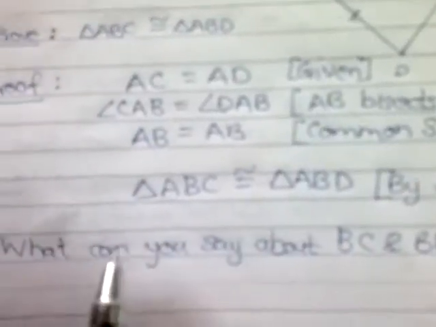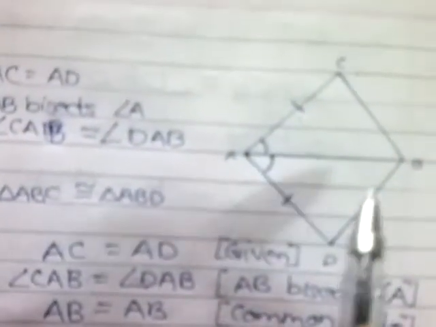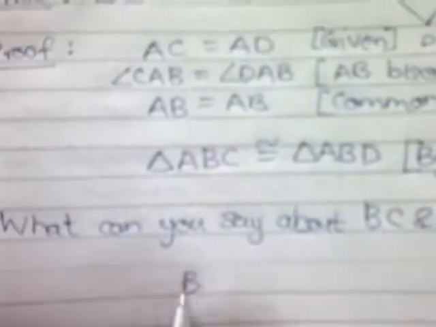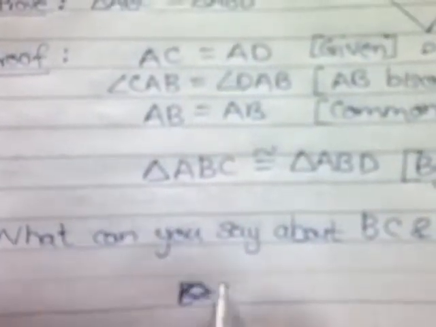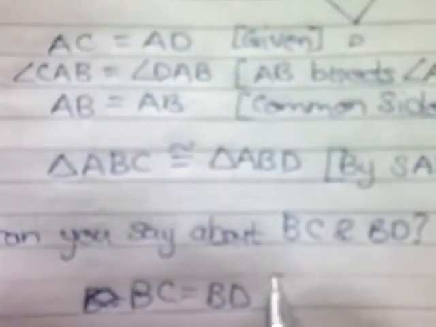And finally, it has been asked in the question, what can you say about BC and BD? Now look closely. BC and BD. Of course, BC and BD are equal. BC is equal to BD, and the reason is that these two are congruent triangles.